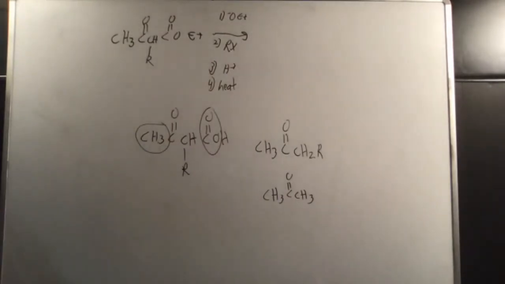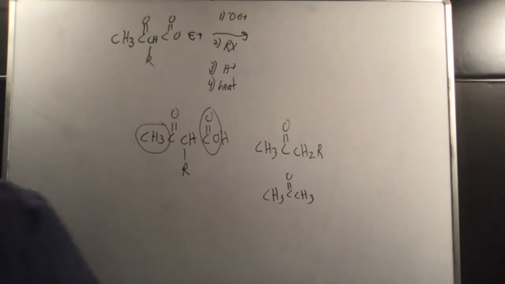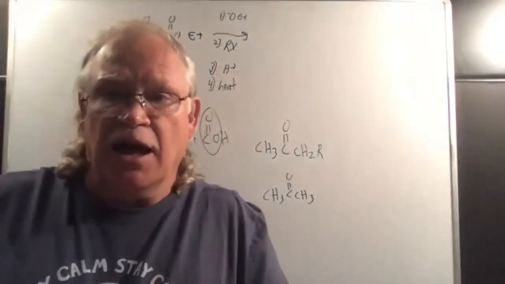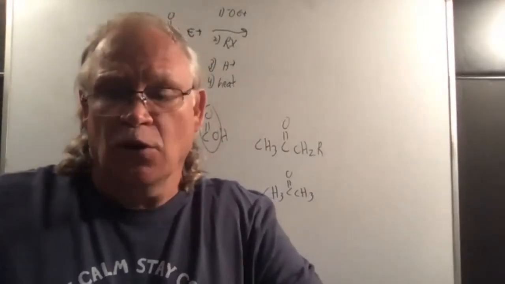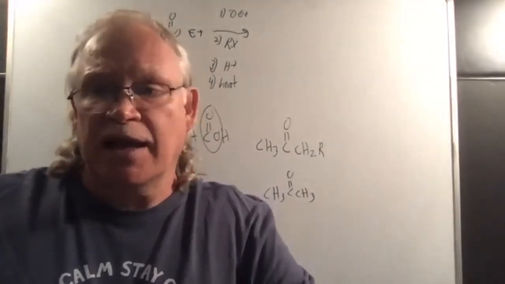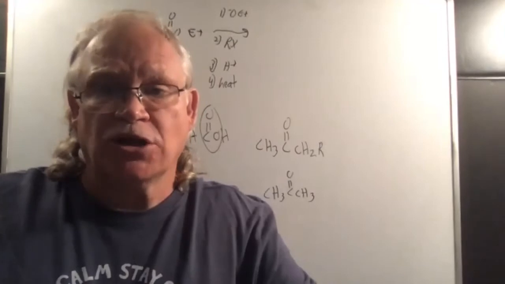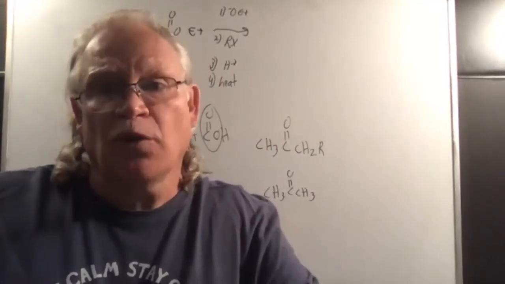Now that pretty much finishes up all of what I would call the normal reactions. We've got two more reactions that we need to cover. And these two reactions are just weird. Okay, let's just simply say that. They're weird reactions, but they're very useful reactions.